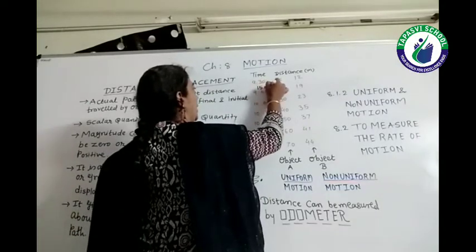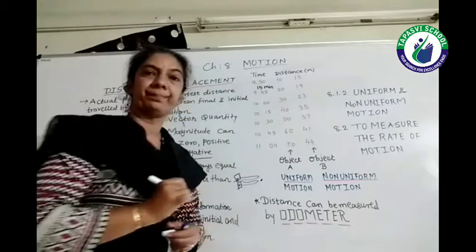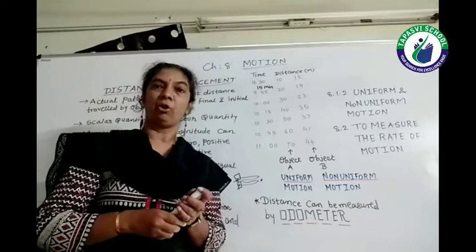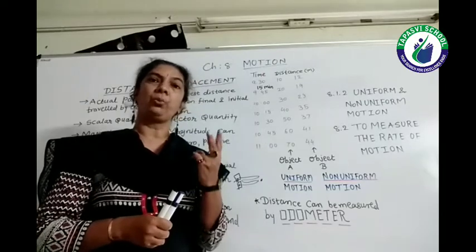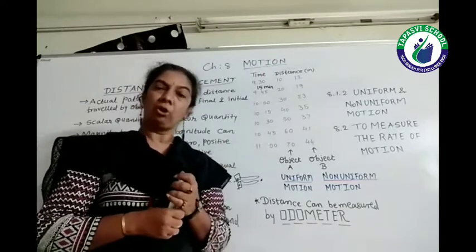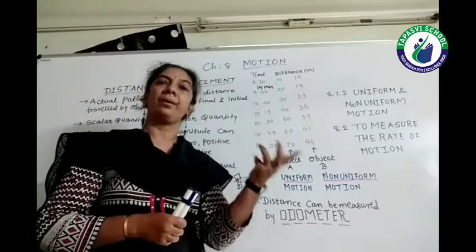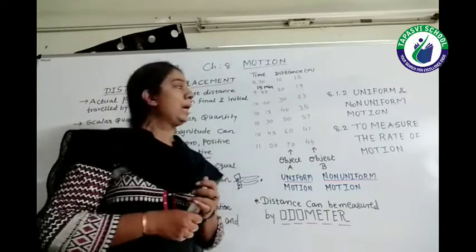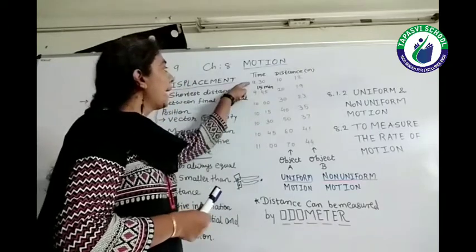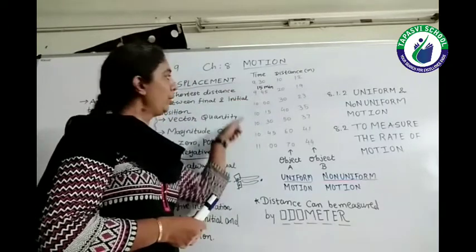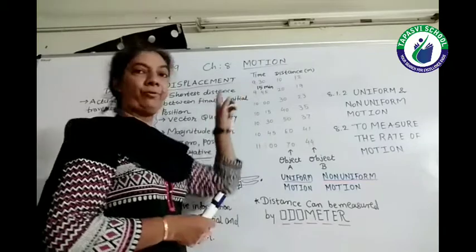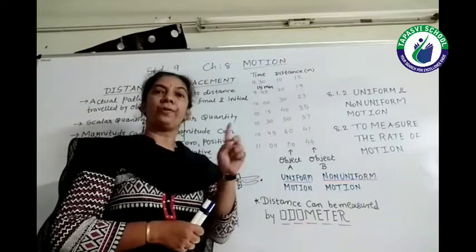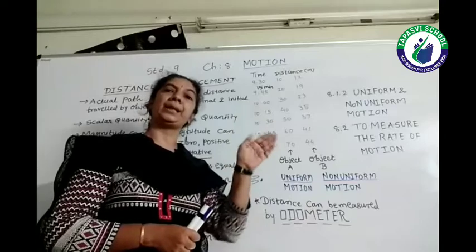Say object A and B are two cars, or two trucks, or one car and one truck, anything. In these time intervals, which have a gap of 15 minutes everywhere, first thing, the time is uniform.